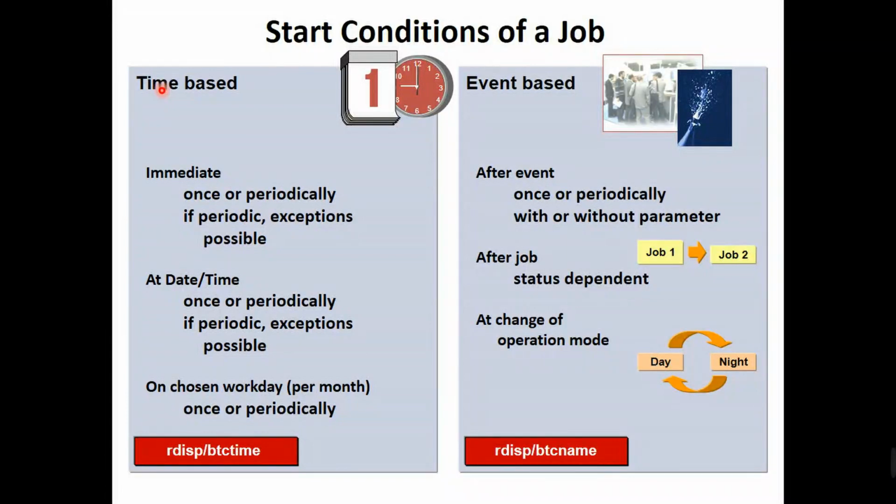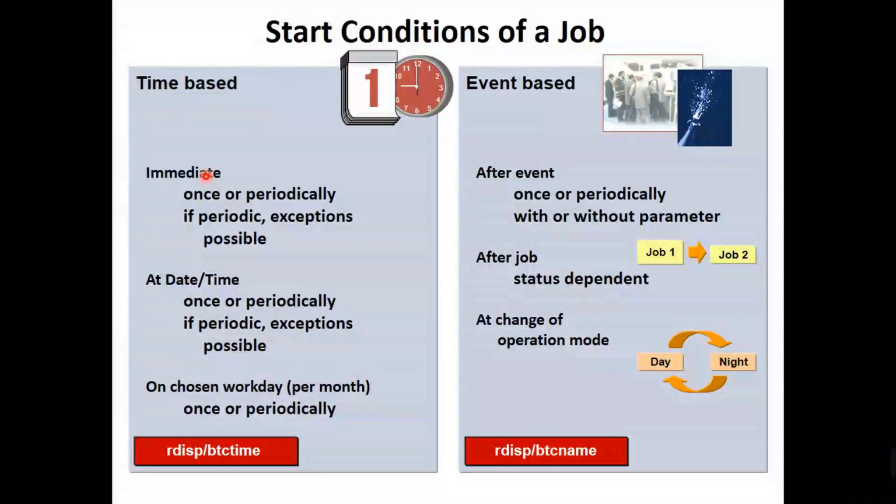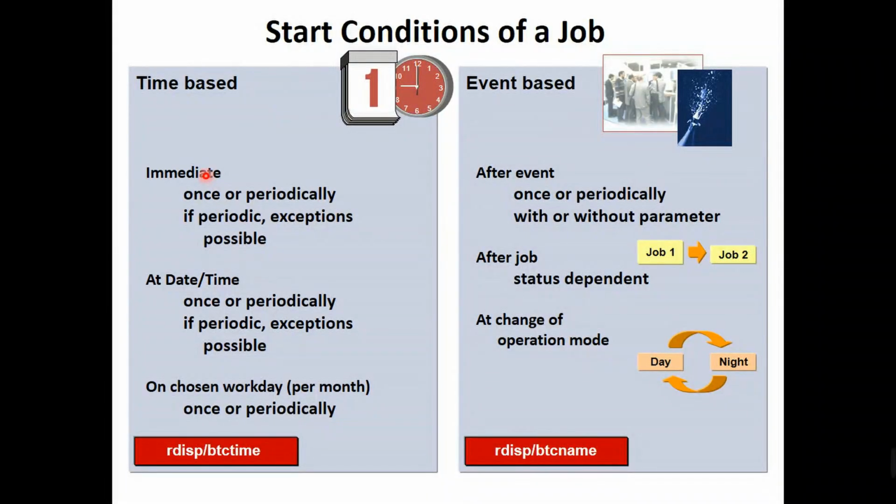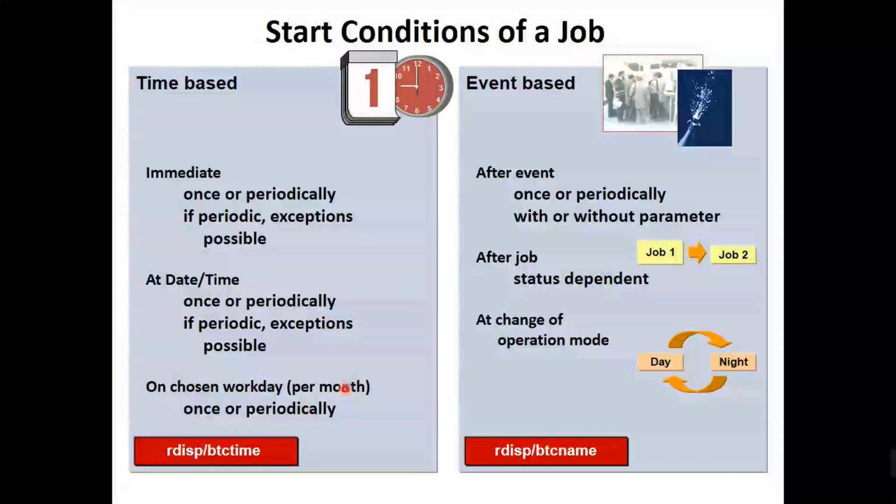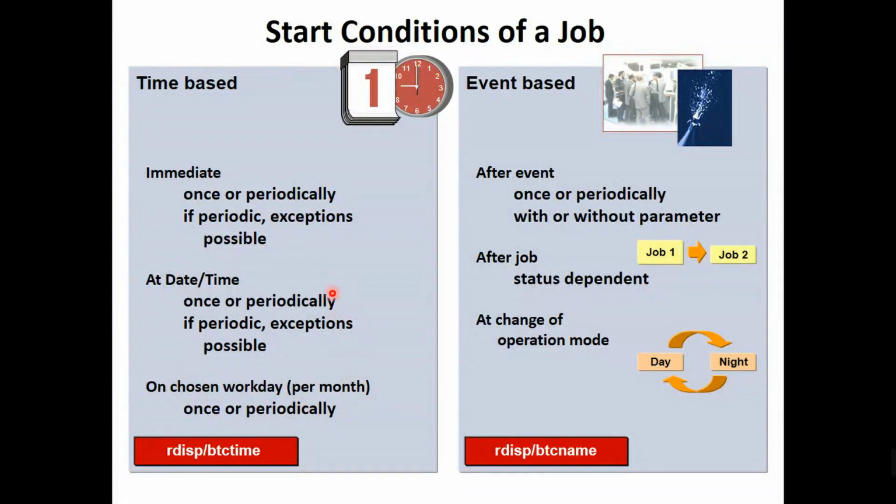Now, one can be time based, another can be event based. Time based may be immediate, where you want to schedule the job right now, or at a particular date or time, and choose a work day per month, once, or periodically. For event based, once or periodically, with or without parameter, you have to mention.